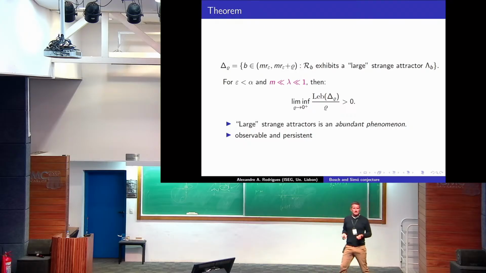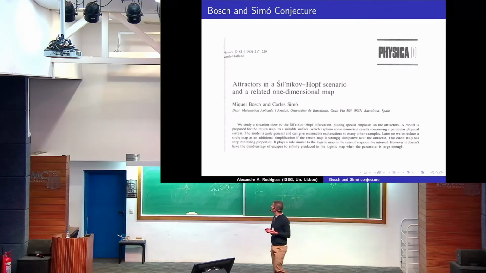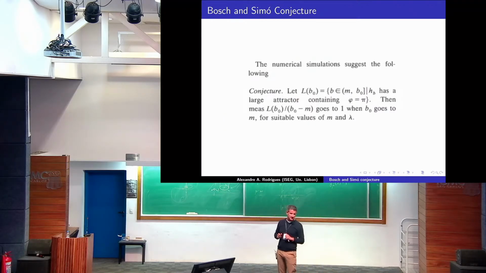And Alex, why do you call this the Bock and Simon conjecture? Because in '93, Michael Bock and Carl Simon analyzed a paper in which they related the Shirley-Cobb bifurcation with some one-dimensional map. And on the very last page, they have this conjecture: let's define this set of B such that some map has a strange attractor, then this quotient goes to 1.